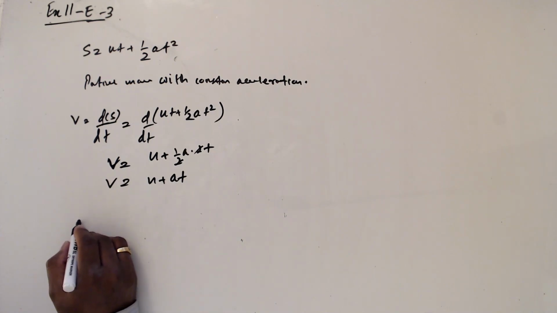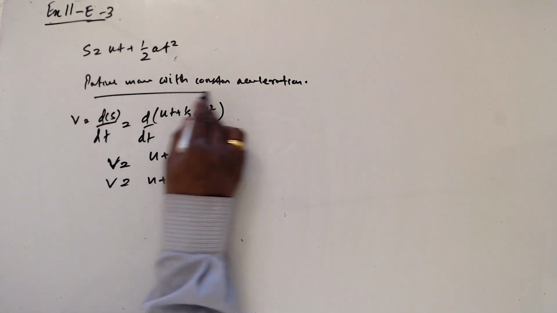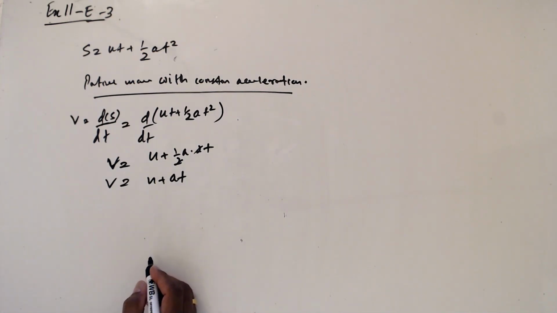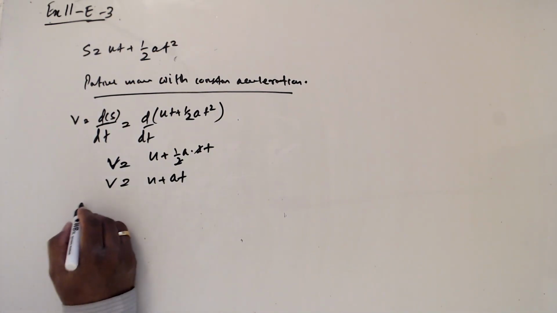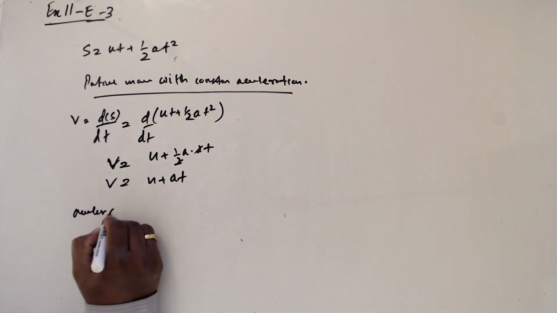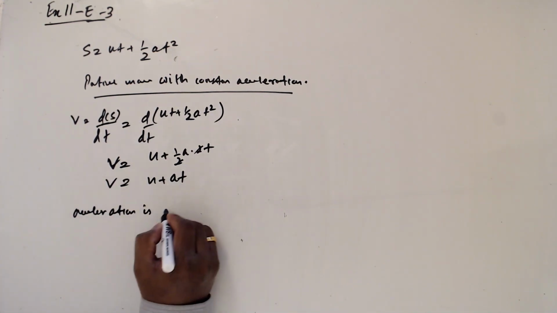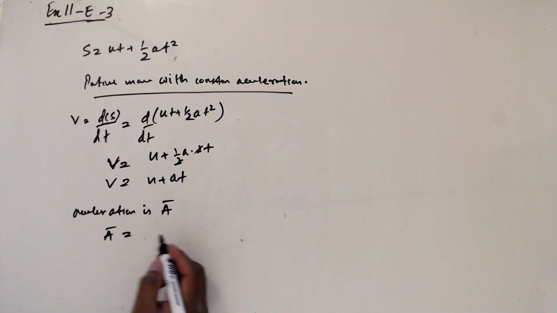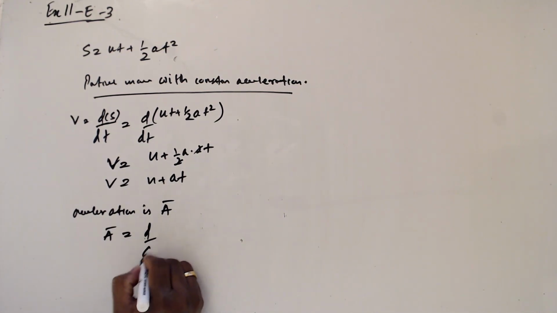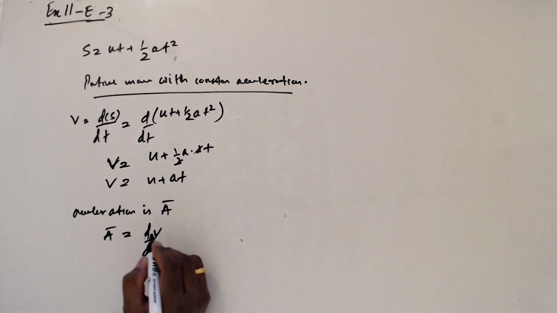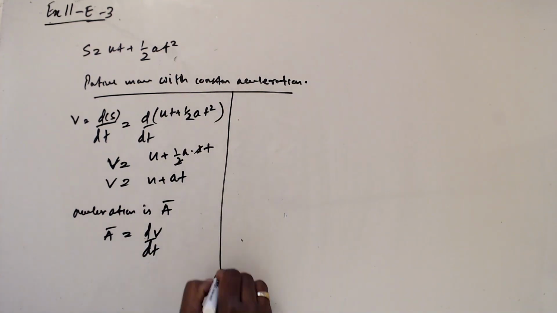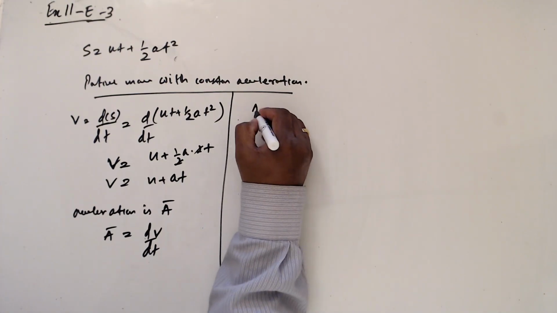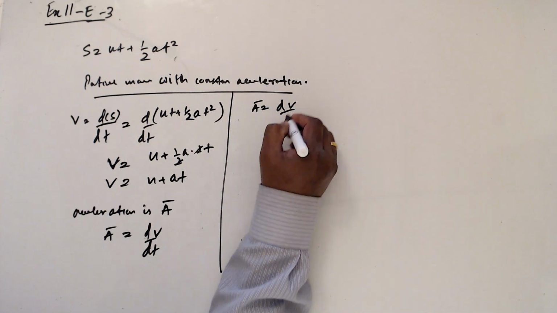Now to show the particle moves with constant acceleration, we want to find the acceleration. Acceleration is a bar. So a bar you can find when you differentiate v. So I will rewrite: a bar equals dv over dt.